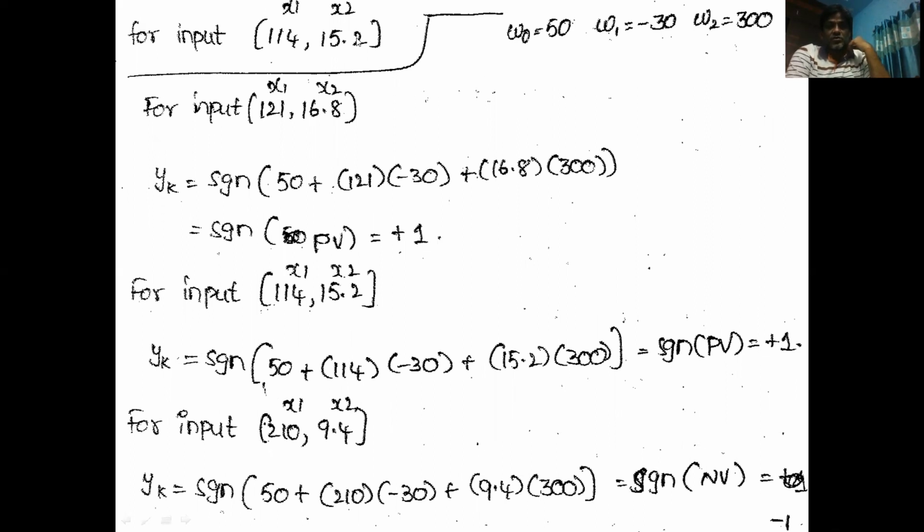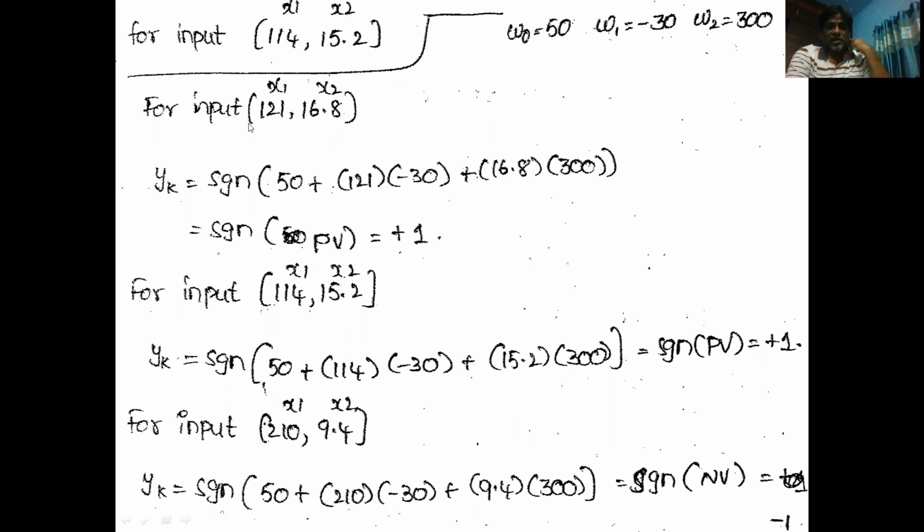If you continue the process like this, somewhere you will get the weights W0 equal to 50, W1 equal to -30, and W2 equal to 300 after performing a few more iterations like this.